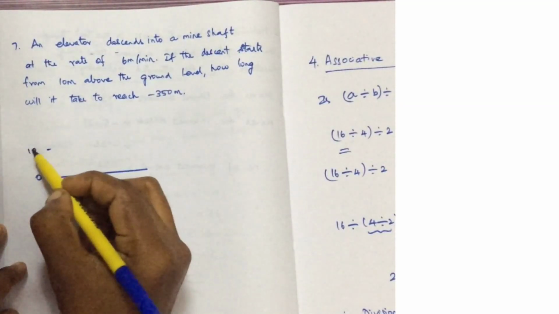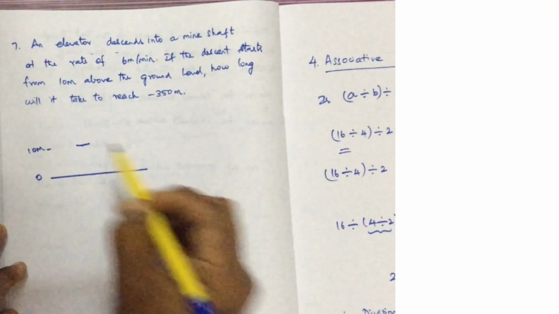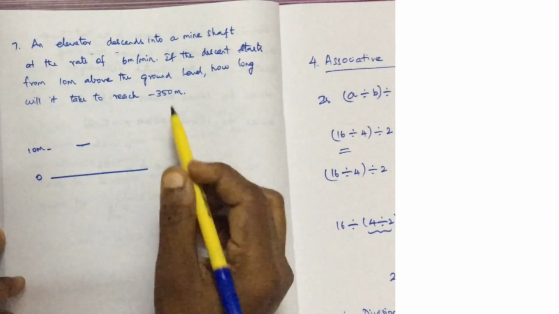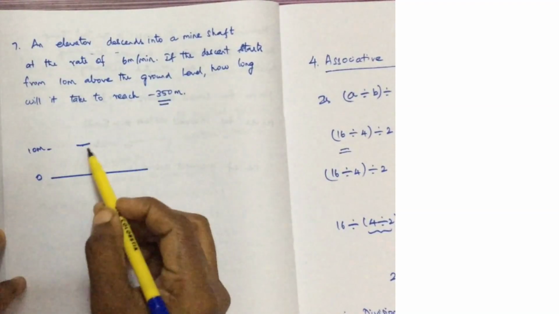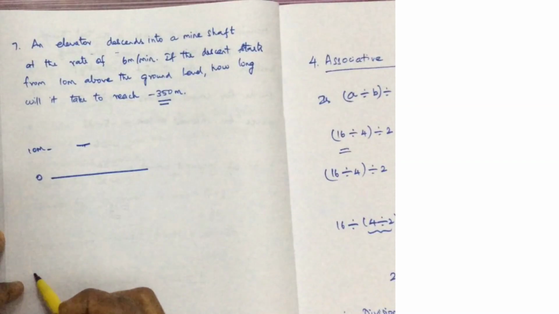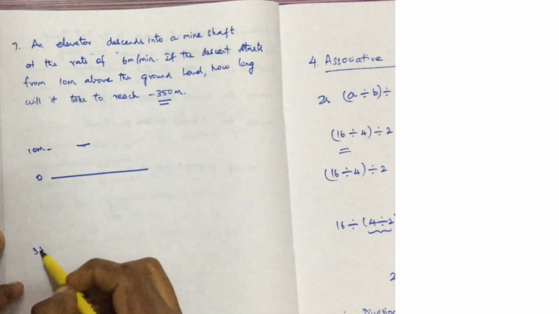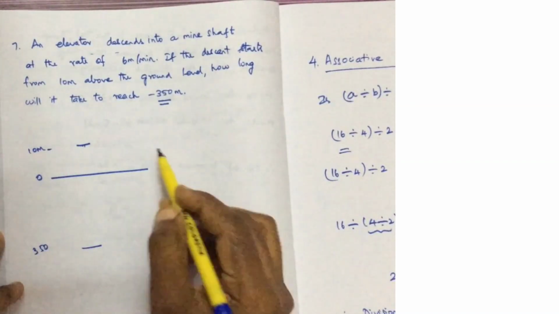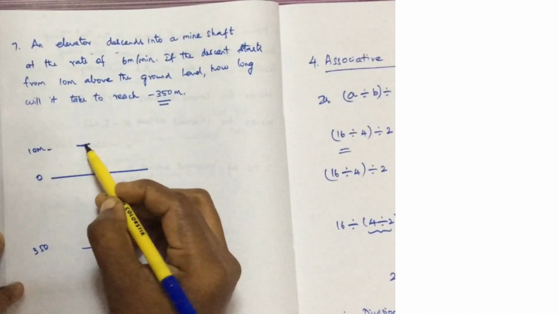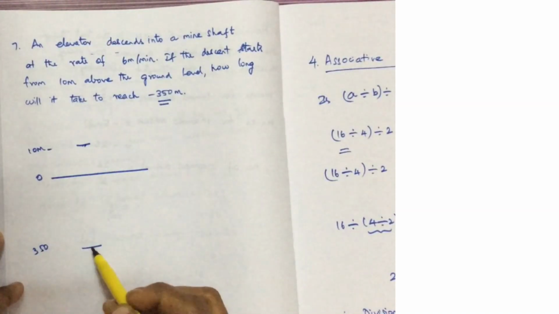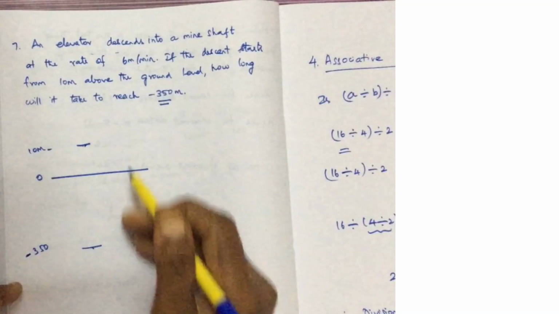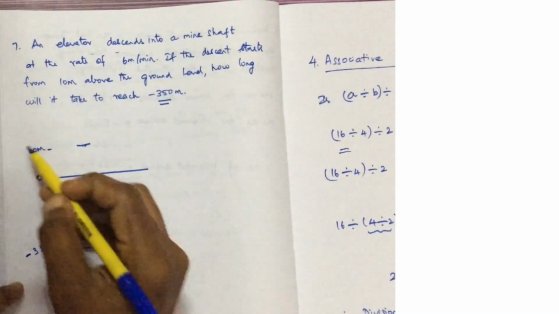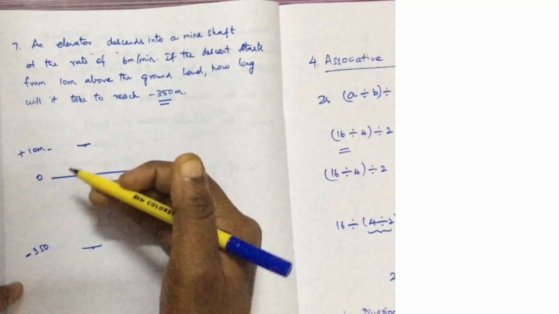Let me take this as 10 meters. It starts from here and it reaches minus 350 meters. It is negative because it is below the ground level. 10 meters is positive because it is above the ground level.